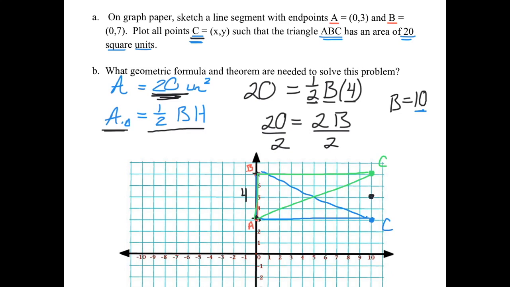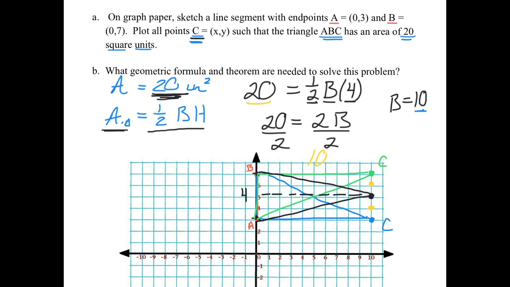That's still 10 units away from my base, and now my triangle would be this black isosceles triangle. So we have a ton of different options, because I could also have C in between these points. As long as C is 10 units away from my base, it's going to give me the area I'm looking for.